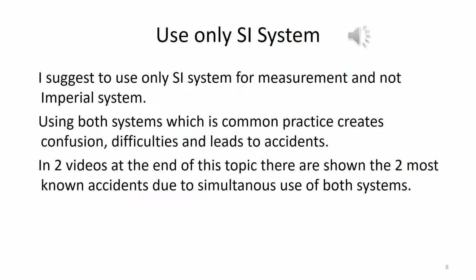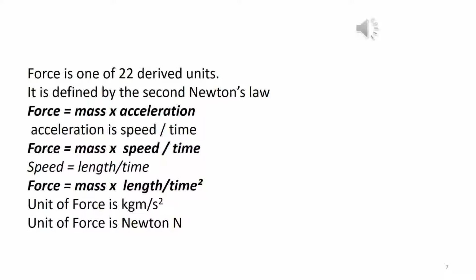In 2 videos at the end of this topic, there are shown the 2 most known accidents due to simultaneous use of both systems. Force is one of 22 derived units. It is defined by the second Newton's law. Force is mass by acceleration. Acceleration is speed divided time.